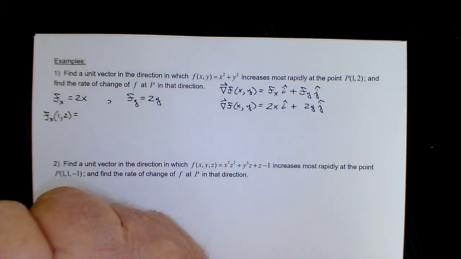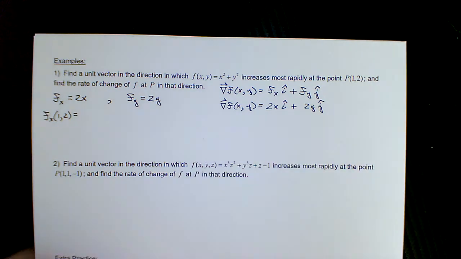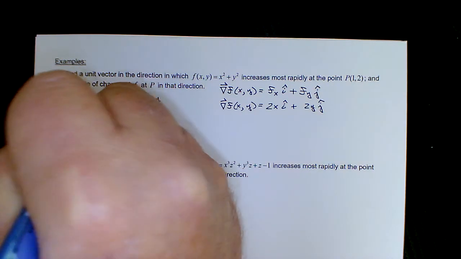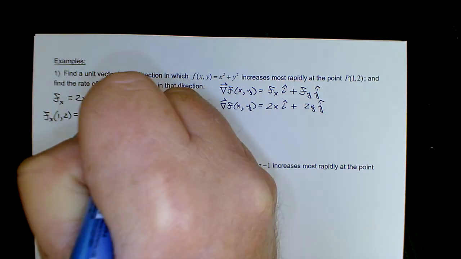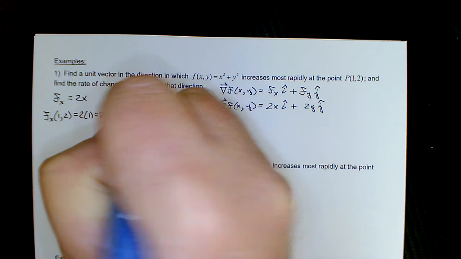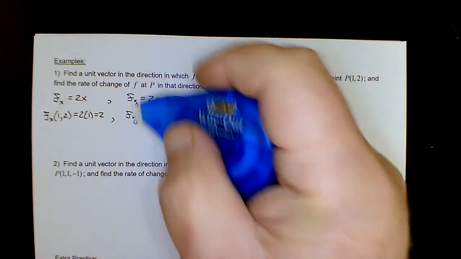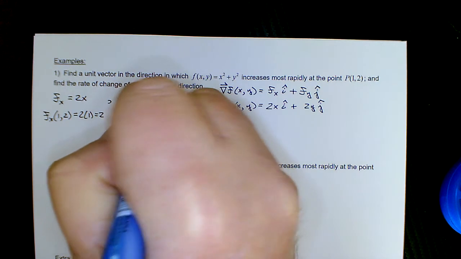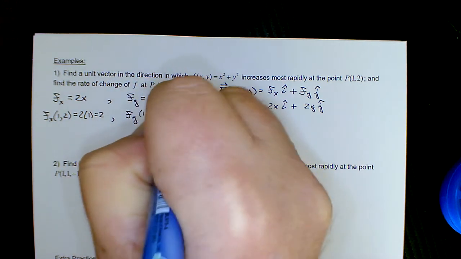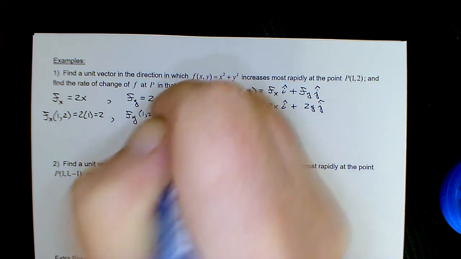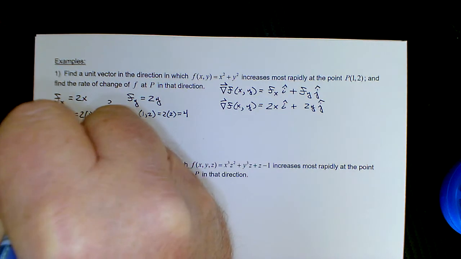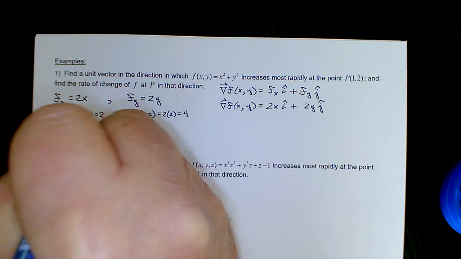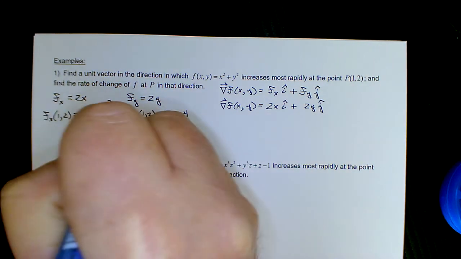So f sub x at 1, 2 would be 2 times 1, or 2, and the partial with respect to y at the point 1, 2 would be 2 times 2, or 4. So therefore the gradient of f at the point 1, 2 is going to be f sub x, or 2 times i, plus f sub y, which is 4 times j.